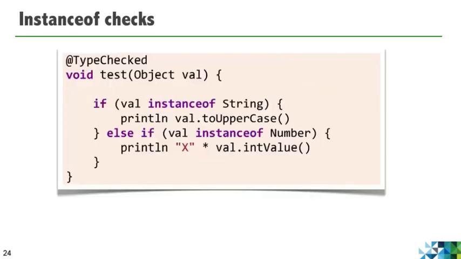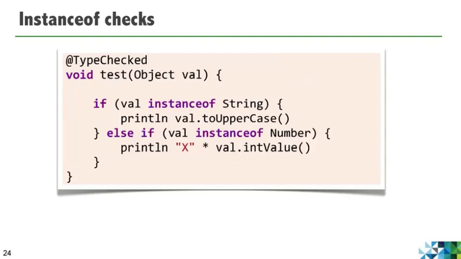Something which is quite verbose usually in Java is when you have a variable which is defined just as an object, for example. When you have an instanceof on that variable, so you say if val is instance of String, then you do something. Else, if it's instance of another class, you do something else.